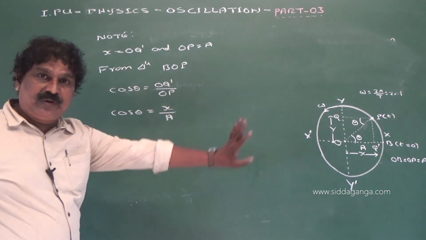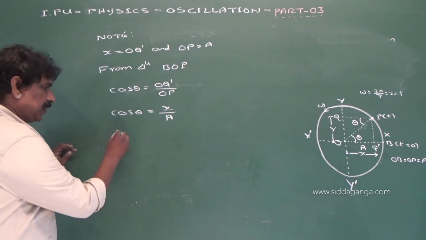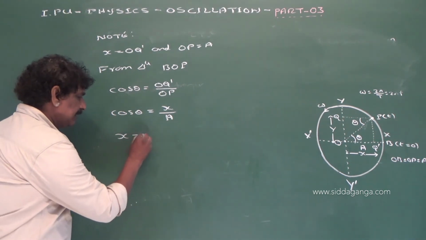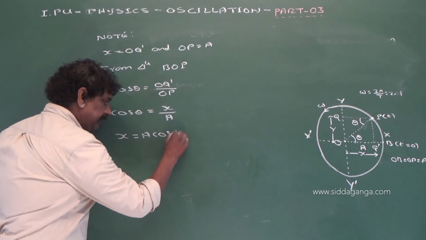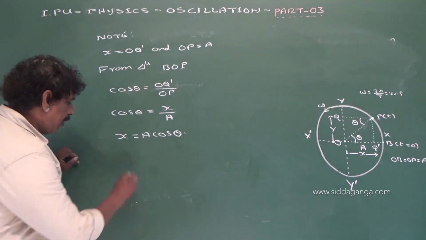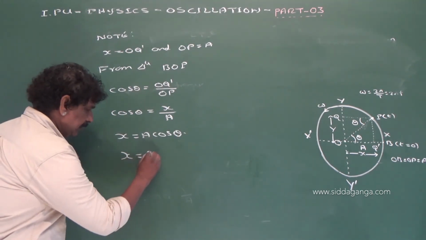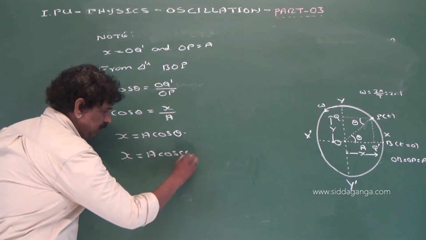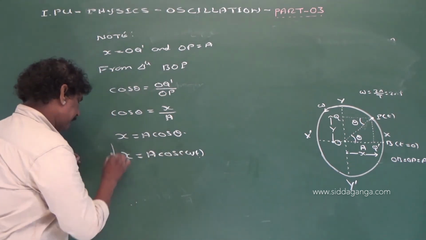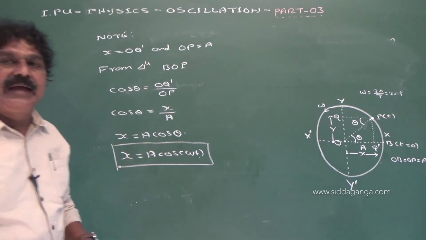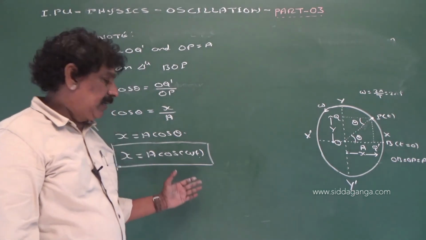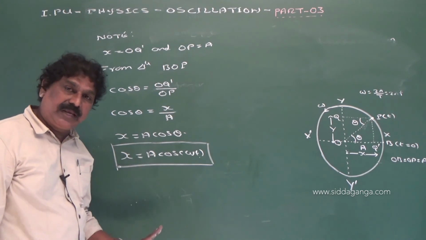Here it is equal to the radius of the circular path, or we get x is equal to a cos theta, or x is equal to a cos omega t. This is also an equation of simple harmonic motion.